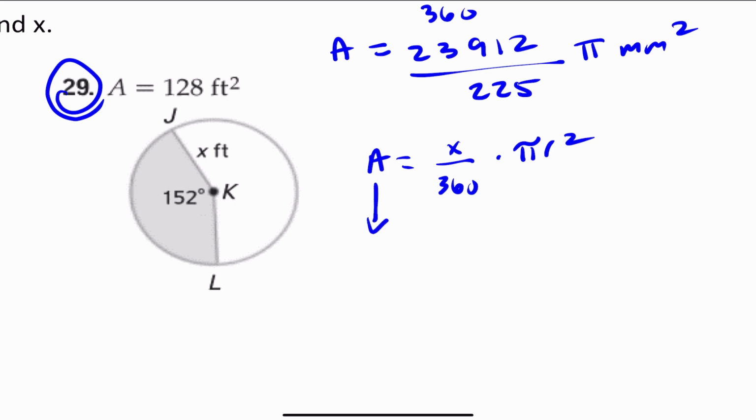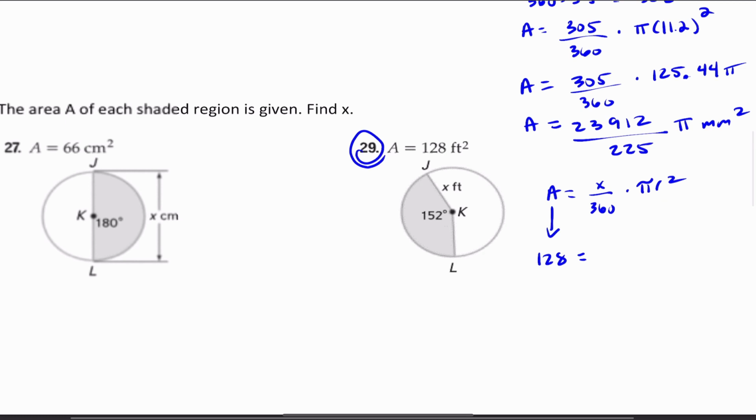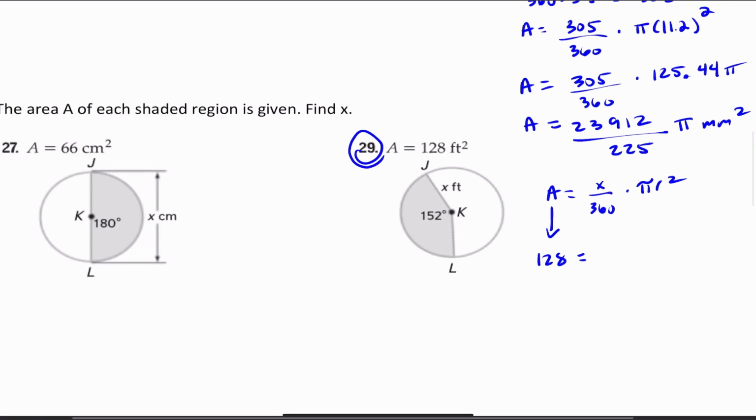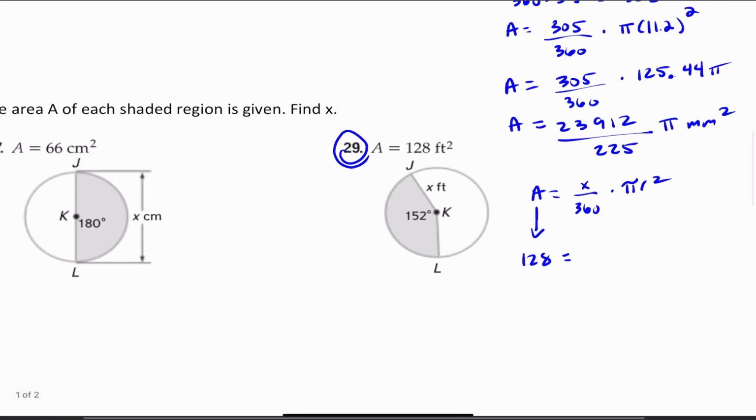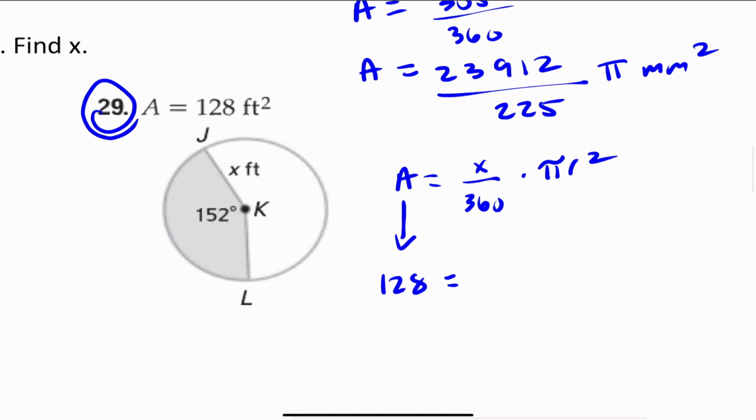So I'm going to replace A with 128. I'm trying to figure out what x is. Well, x is this, so from the center to the circle, that's our radius, okay?